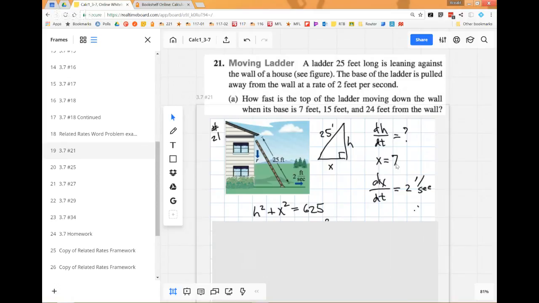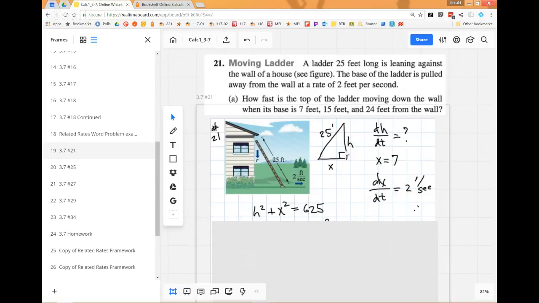So they told us x, this distance right down here, is 7. We know that dx/dt is 2 feet per second, so I wrote that down. And you want to know dh/dt. How fast is the height, which I'm labeling as h, changing? Okay, so I made a little picture here. I should have drawn the triangle the other way.